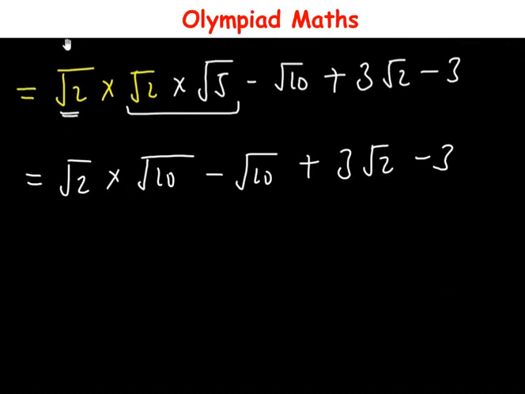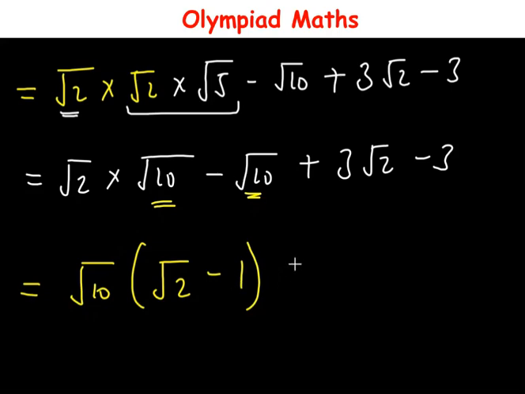From here, if we factorize out root 10, this equals root 10 into bracket. If we factorize out root 10 from root 2 times root 10, we are left with root 2, then minus. Factorizing out root 10 from root 10, we have 1. Then plus, same thing here also, factorize out 3, we have 3 into bracket root 2 minus 1.